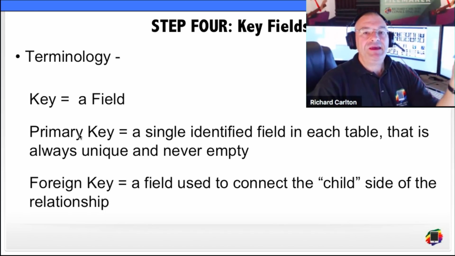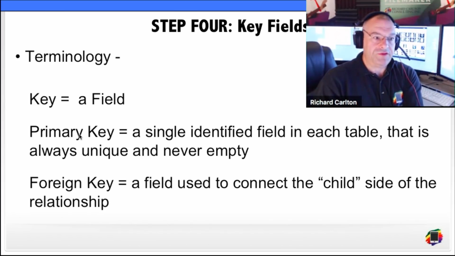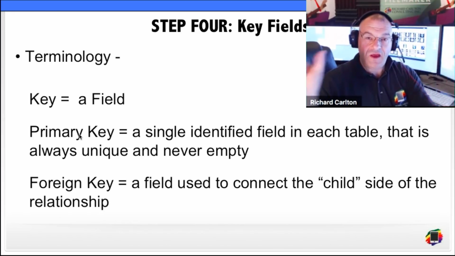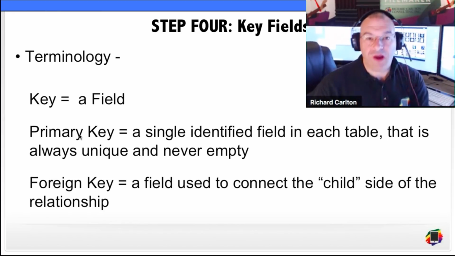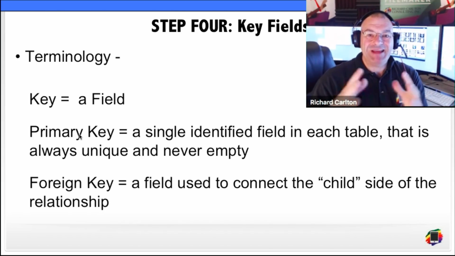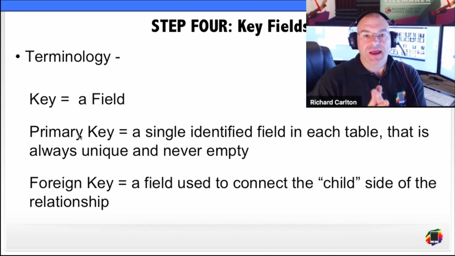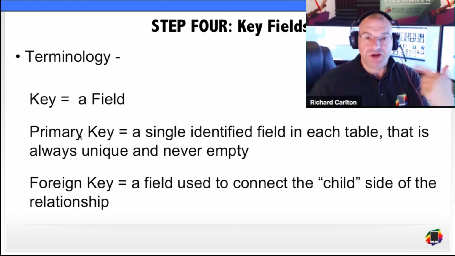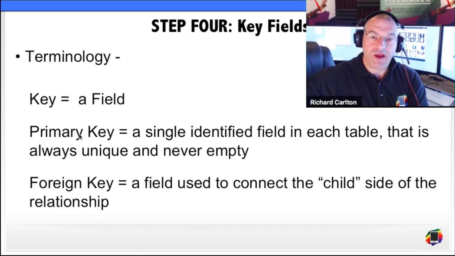So a key, from our perspective today in our training session, is going to be a field that allows us to connect two sides, okay? Now, there's a thing called a primary key. Every table needs to have a primary key. This is a unique ID. Typically, in the old days or even modernly, it could be a serial number. It starts at 1 and it just increments up, right?